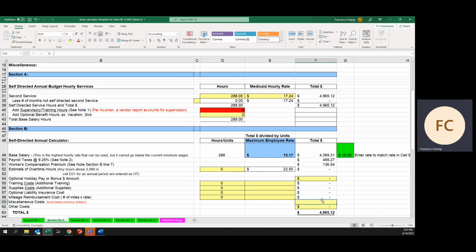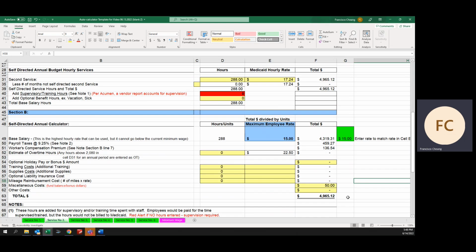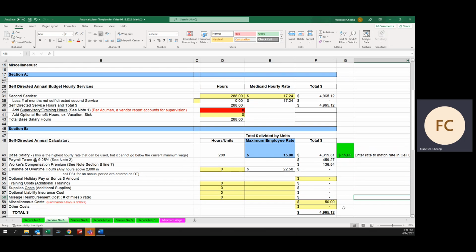So we can start playing with our miscellaneous costs here so that we can begin to chip away at this max pay rate. So let's add, say, for example, $30 in there. Okay, so we're going in the right direction. Let's add $40, getting closer. Let's see, $50. There we go. So now we did the same thing that we did in the first page.